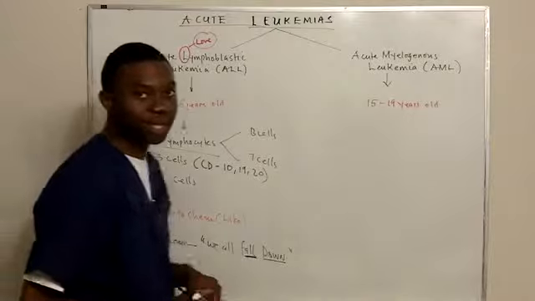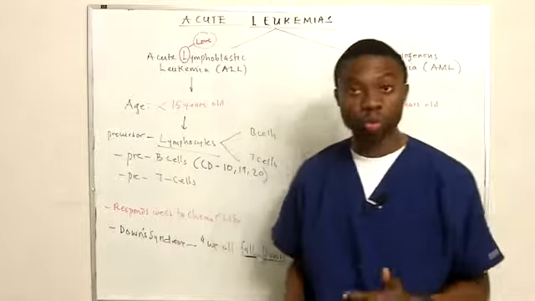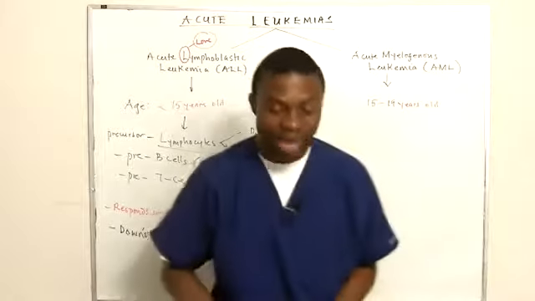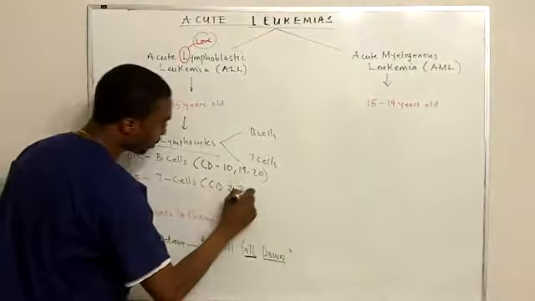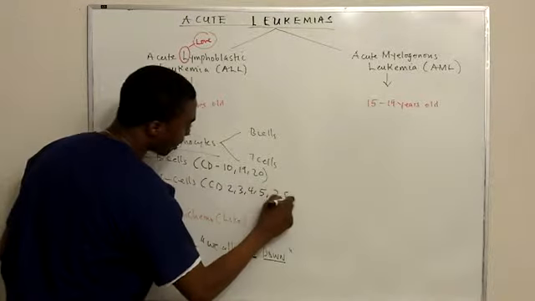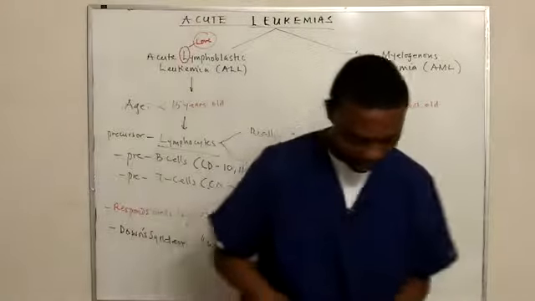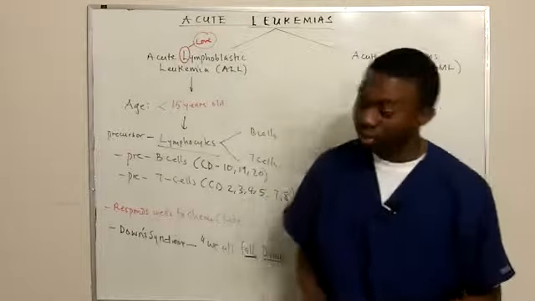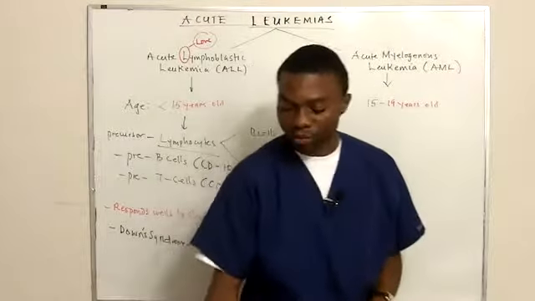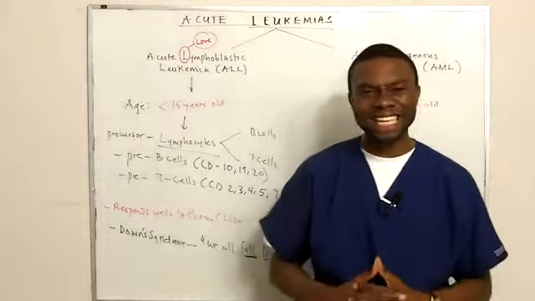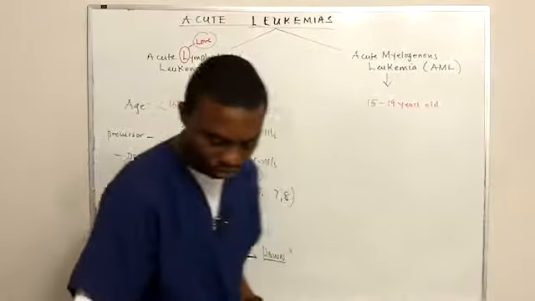And the pre-T cell line cluster designations are CD2, 3, 4, 5, 7, and 8. Those are the pre-T cell lines that are being affected in ALL. Also, there's something called TDT positive cells. What is TDT positive cells?